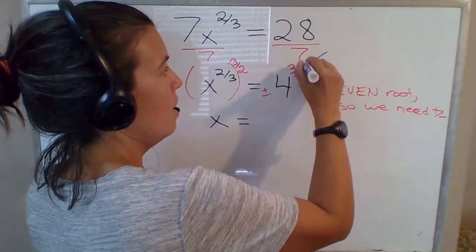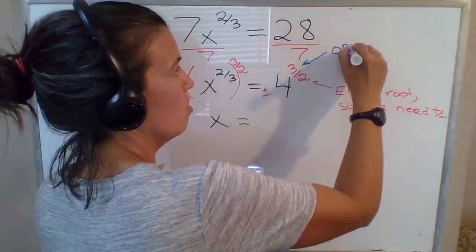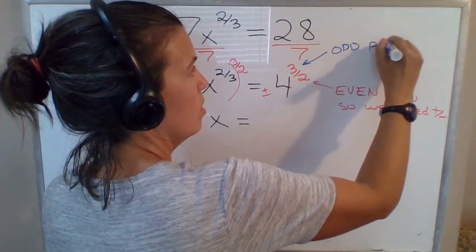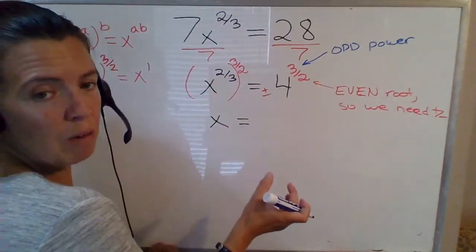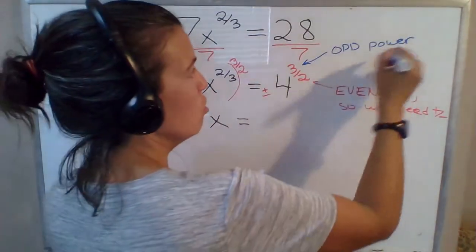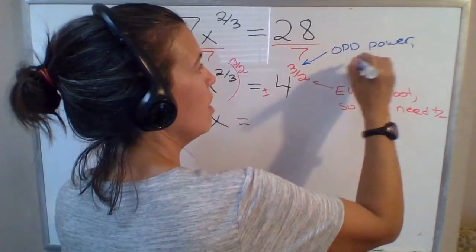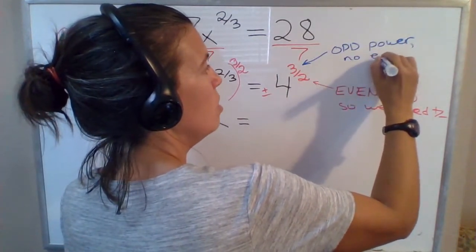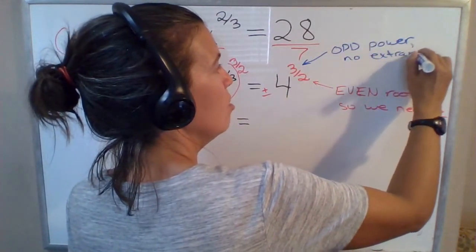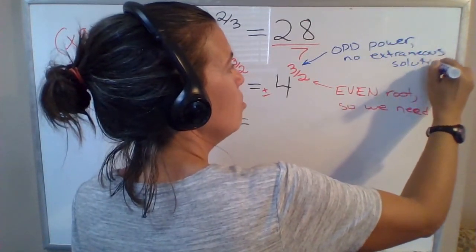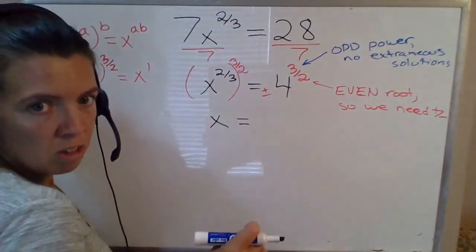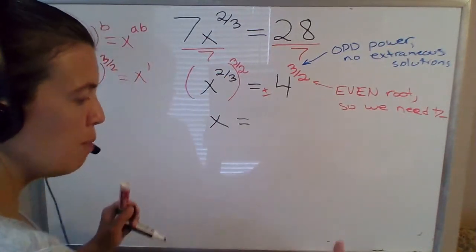So we will not get extraneous solutions. When you solve an equation by raising both sides to an even power, that's when you get those extraneous solutions. So because the numerator is odd, we don't need to worry about checking in the end for extraneous solutions. That's not going to happen. The extraneous solutions sneak in when you raise both sides to an even power.